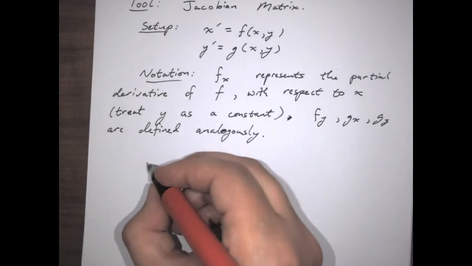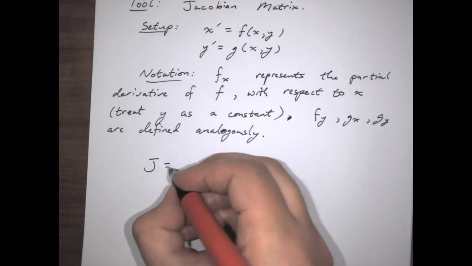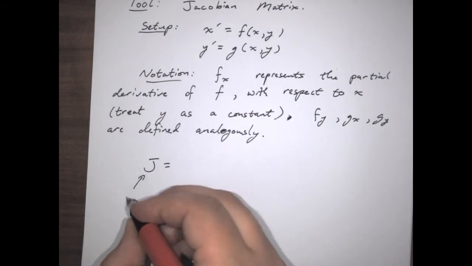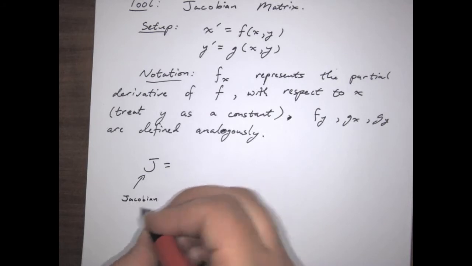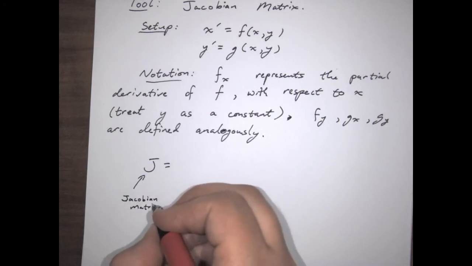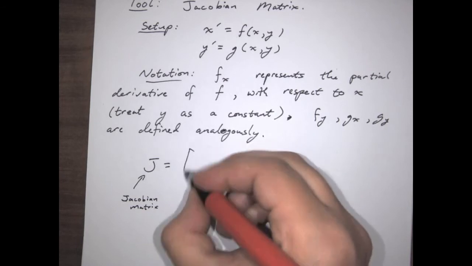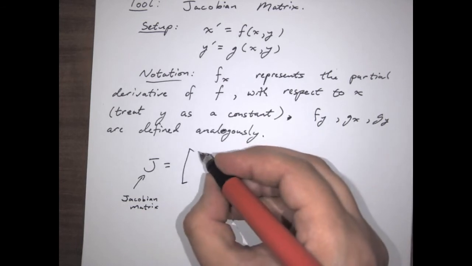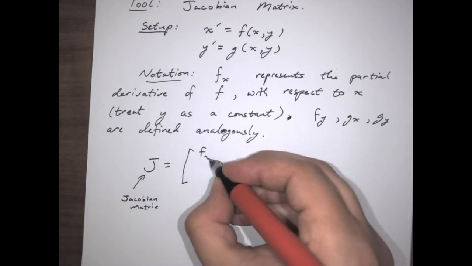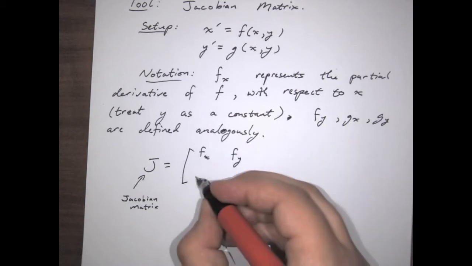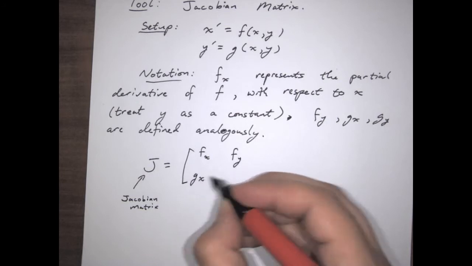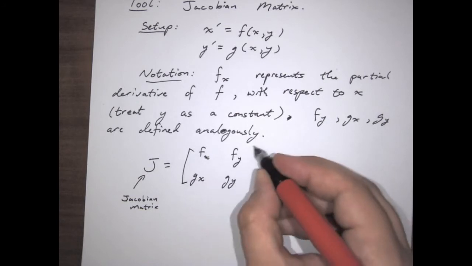So then J, the Jacobian matrix, is equal to the matrix that you get when you put in f sub x, f sub y, g sub x, g sub y.